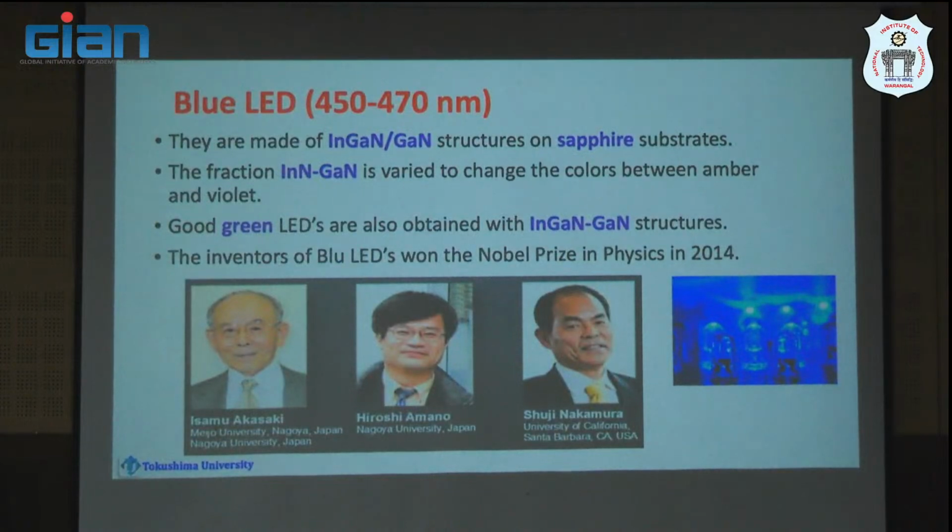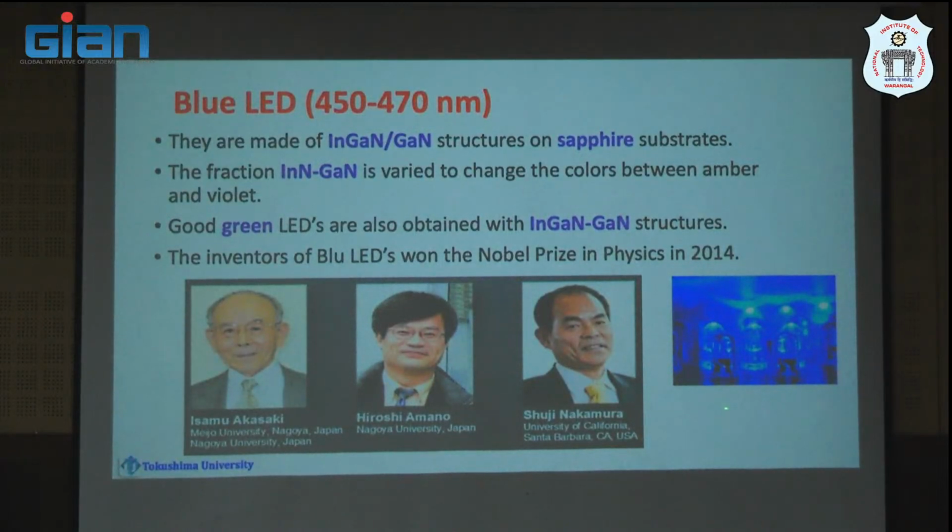You might know that the Nobel Prize in the field of LED was given to three Japanese scientists in 2014 because they created the blue LED. Now, you will ask why the Nobel was given to them.